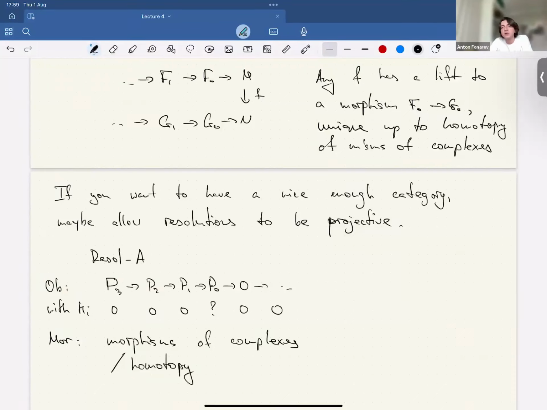So maps homotopic to 0 form what's called an ideal in this category. If you have two maps whose difference is homotopic to 0, then if you precompose or postcompose with anything, they'll still be homotopic. And you get a functor from here, which is just taking 0th cohomology, H0, to A mod. And the previous statements say that this is an equivalence of categories.